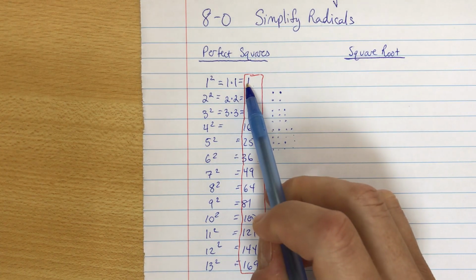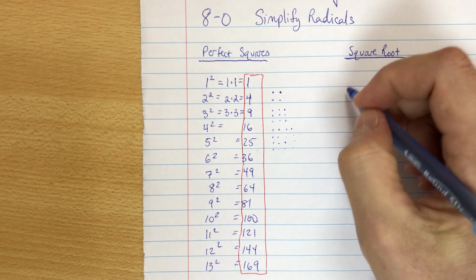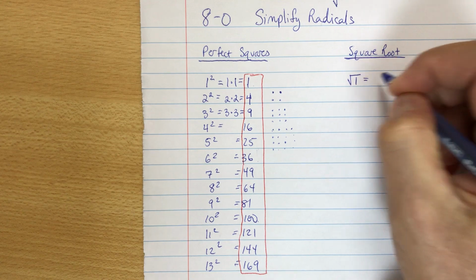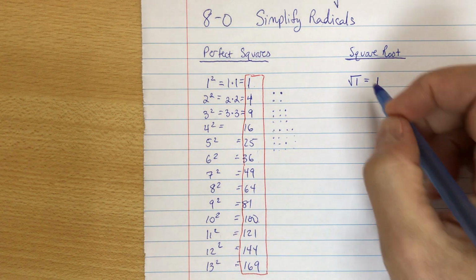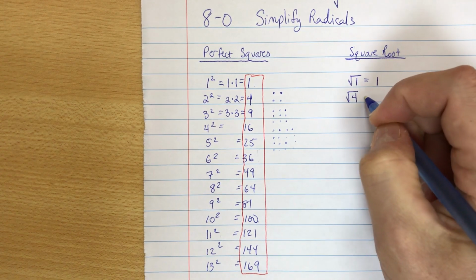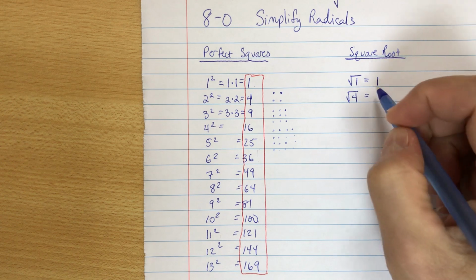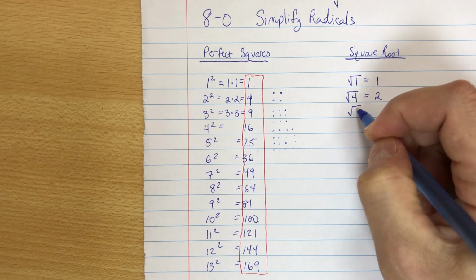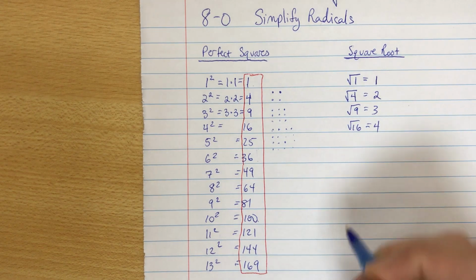Now, the reverse of this process is what we call a square root. A perfect square is what I get from multiplying a number by itself. A square root: if I take the square root of 1, what was the number that I had to multiply by itself? It was 1. The square root of 4, what was the number that I started with to multiply to get to 4? It was 2. The square root of 9 is 3. The square root of 16 is 4.